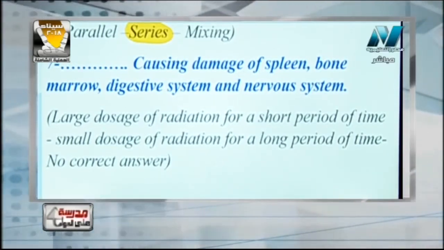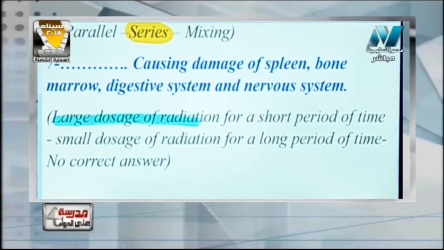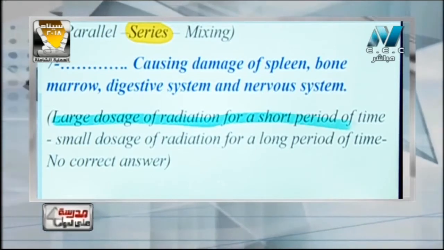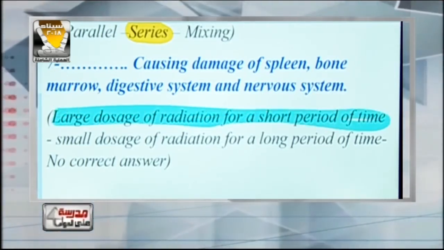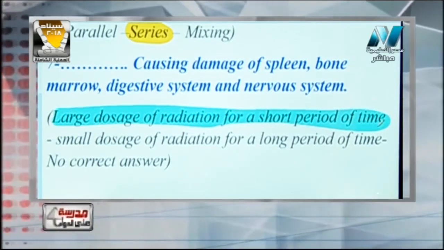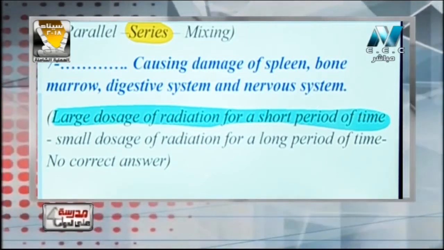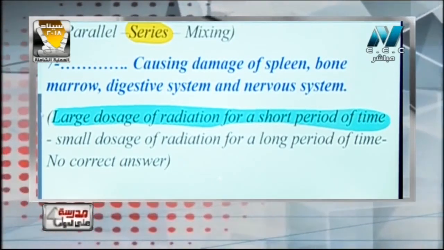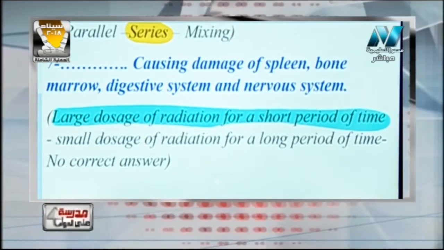So if a human is exposed to a large dosage of radiation for a short period of time, as we saw these symptoms in a famous movie called K-19: The Widowmaker. It was a movie that tells the story about this subject.